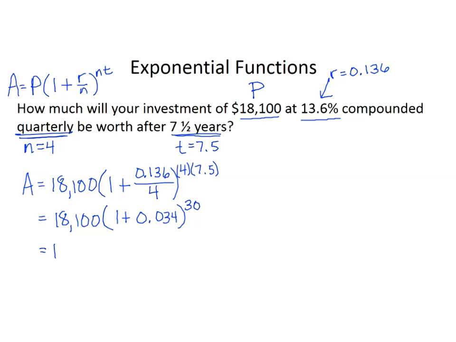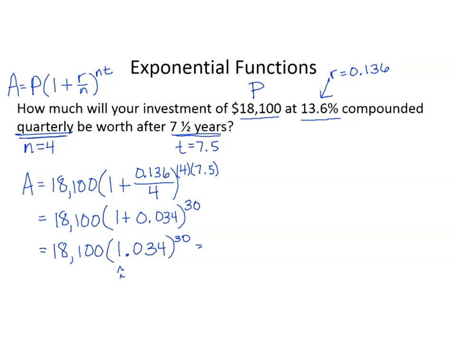I can simplify this further, and I get 1.034 inside the parentheses raised to the 30th power. So now I'm going to do, on my calculator, 1.034 raised to the 30th equals, and I get a big long decimal.